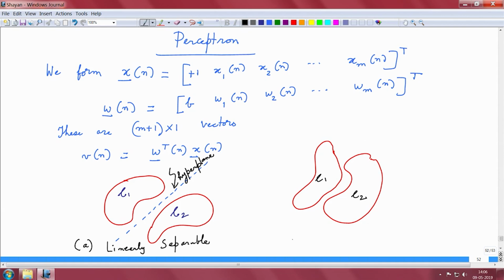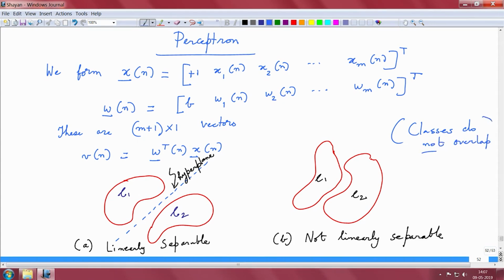So, in such a situation, we say that they are not linearly separable, which means you can have a curve that can go through this region and can separate the two classes, right. We assume these classes do not overlap. So, this is an important assumption. I think I should write it, that classes do not overlap. If they are overlapping, then this makes no sense.